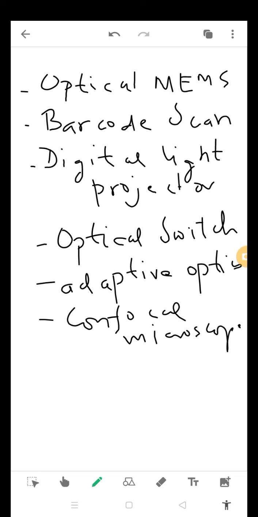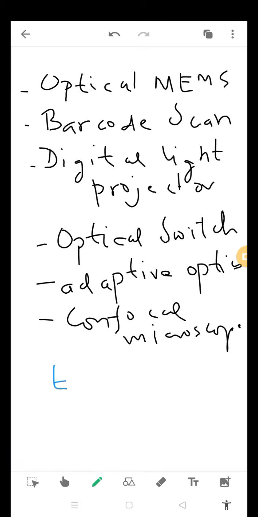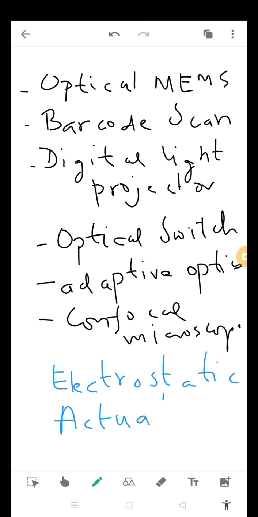Now the principle that is used in scanning micromirrors is called electrostatic actuation, or EA.